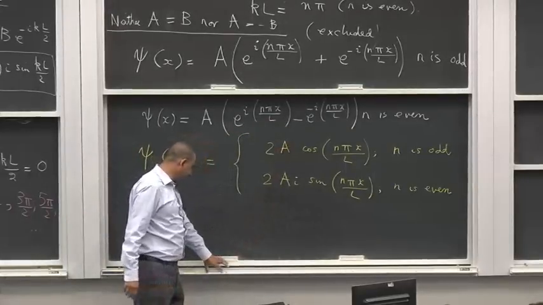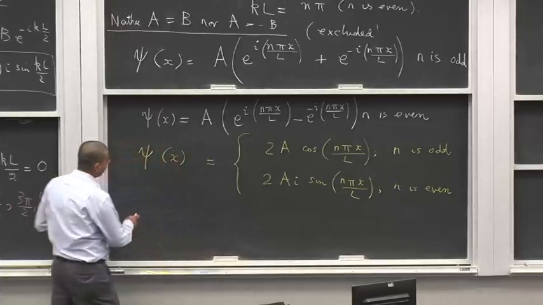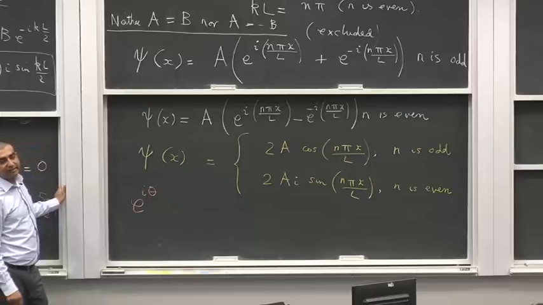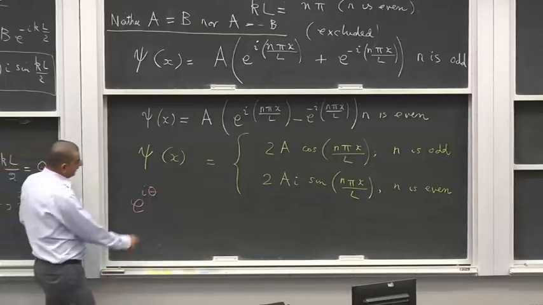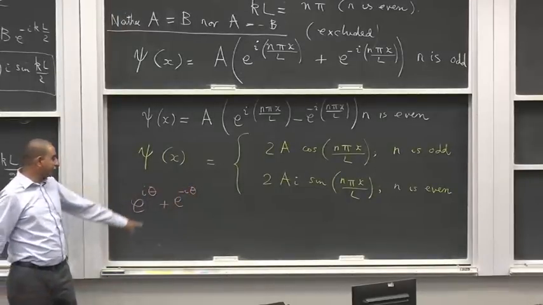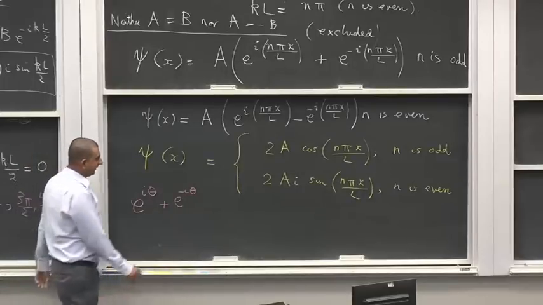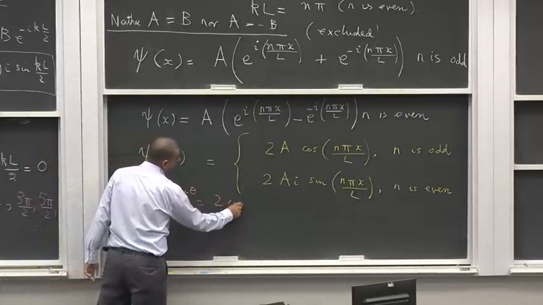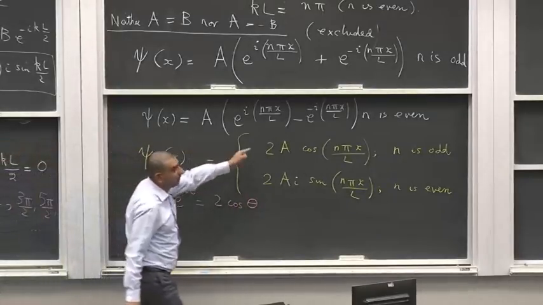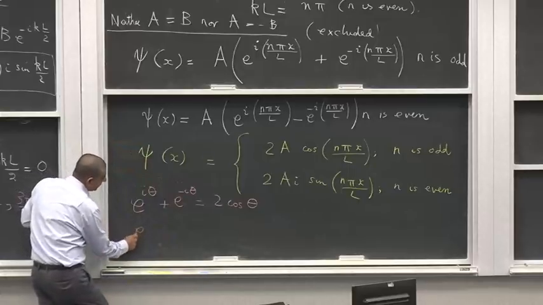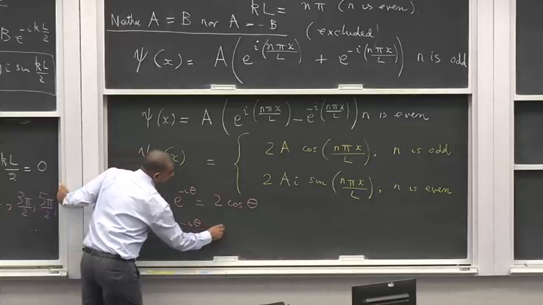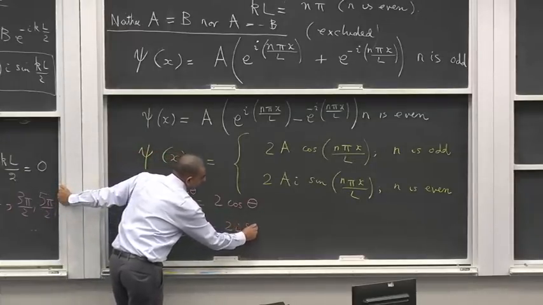So now I'm using an identity, and the identity that I'm using is that e to the i theta is cosine theta plus iota sine theta. If I add to this e to the minus i theta, this is cosine theta minus iota sine theta. This gives me 2 cosine theta. That's the identity that I used on the top here, and on the bottom I'm using the identity e to the i theta minus e to the minus i theta equals 2 iota sine theta.